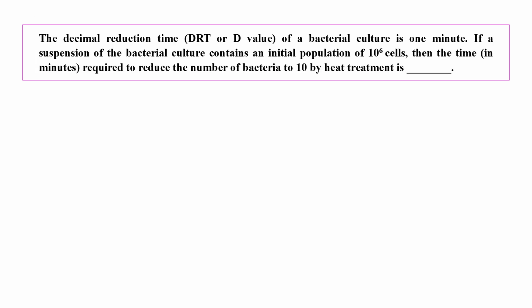The next question says, the decimal reduction time DRT or D value of a bacterial culture is 1 minute. If a suspension of the bacterial culture contains an initial population of 10 to the power 6 cells, then the time in minutes required to reduce the number of bacteria to 10 by heat treatment is.